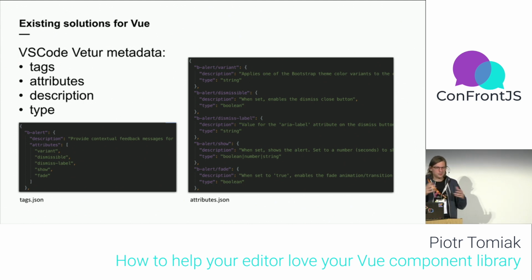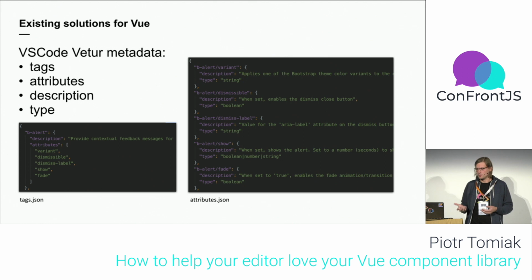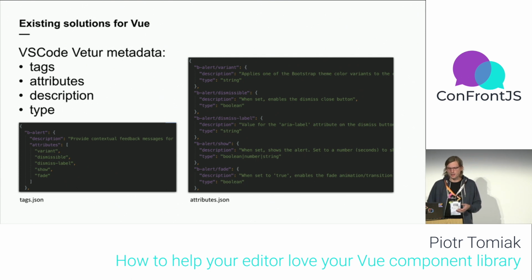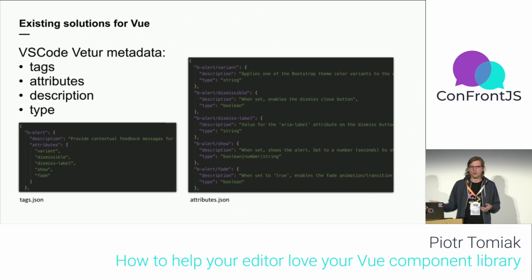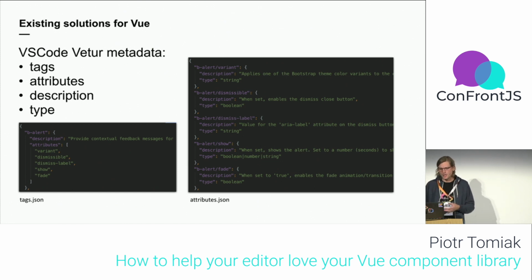So we looked around for other solutions, and the first thing was to look at our competition, at the VS Code Vetur. And I was actually quite surprised because the metadata there only includes tags, attributes, descriptions, and types. There are no events, no slots information, and no information about directives.